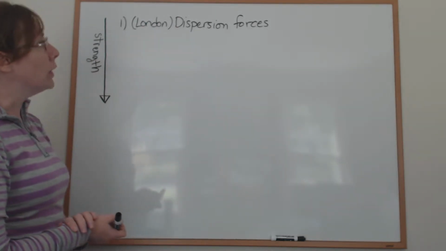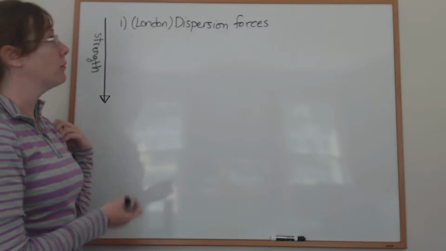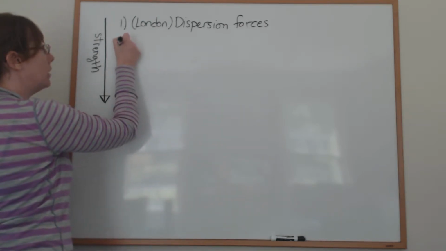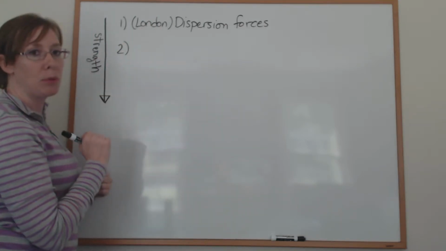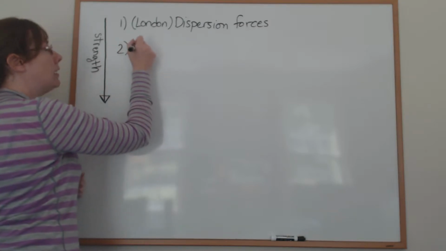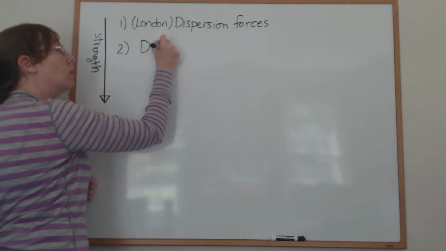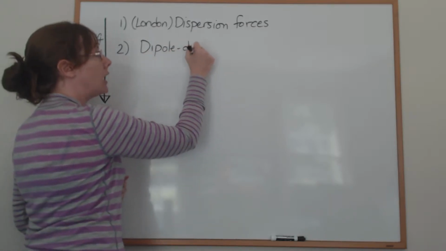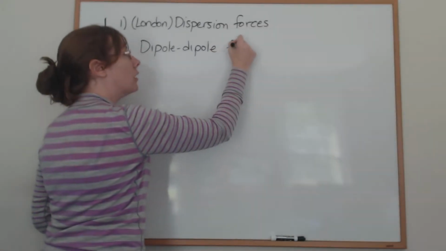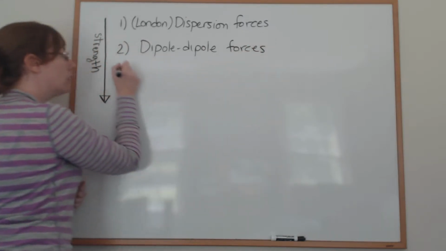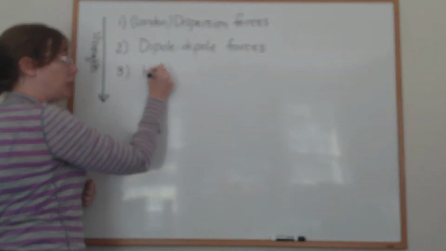These are the weakest type of intermolecular force. Actually, let me just give you the list here, and then I'll have more on my board to go into each type. The second type of intermolecular force in terms of increasing strength is dipole-dipole forces. The third type is hydrogen bonds.